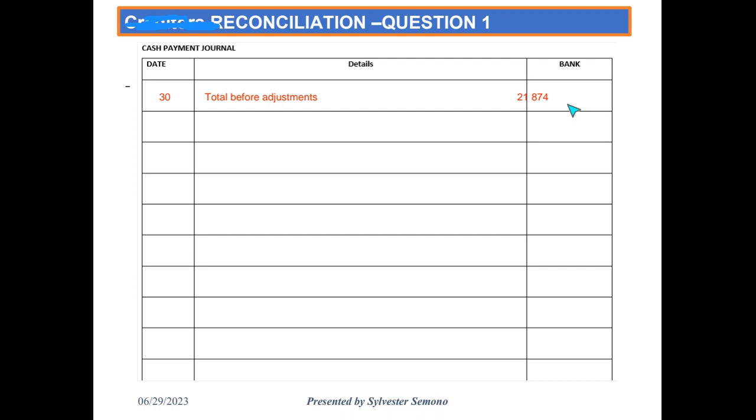Oh, we're supposed to record the total as it is. Yes. No, let's finish this first. Let's not talk about other stuff. We can compare thereafter. I don't want to confuse you.